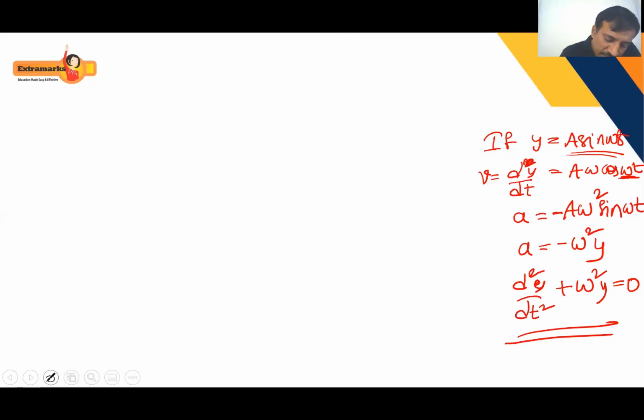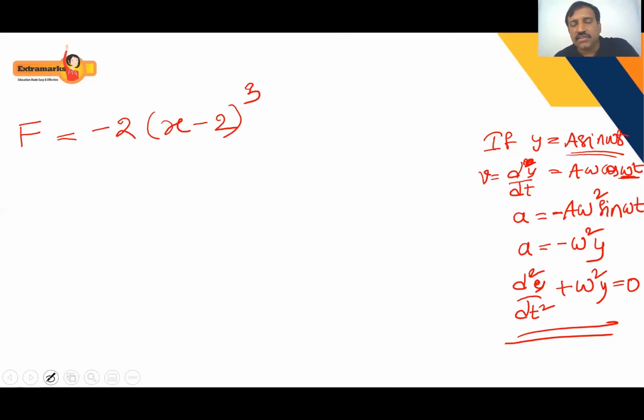Okay. Now coming to one simple question, as we discussed. F is equal to minus 2 x minus 2 whole cube. The first question they are asking is where is the equilibrium position. You know, in rotational motion you have studied that equilibrium means force should be 0.